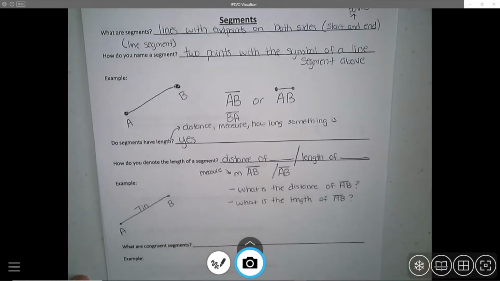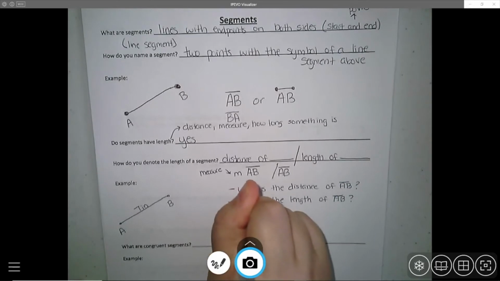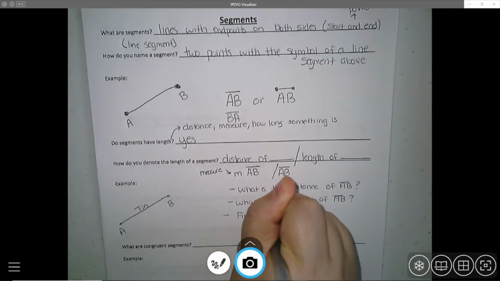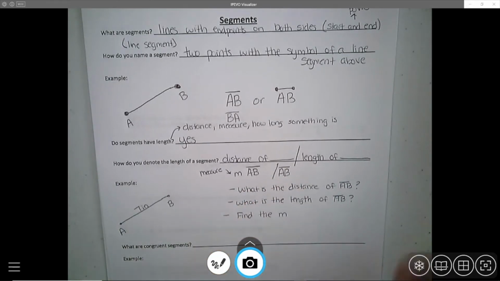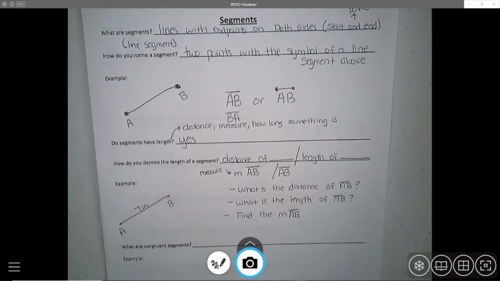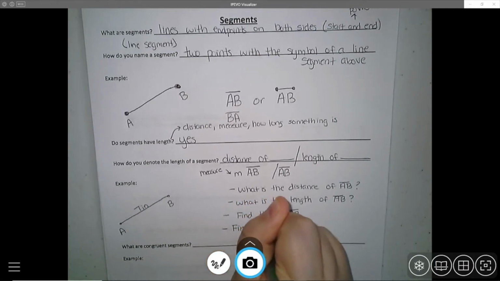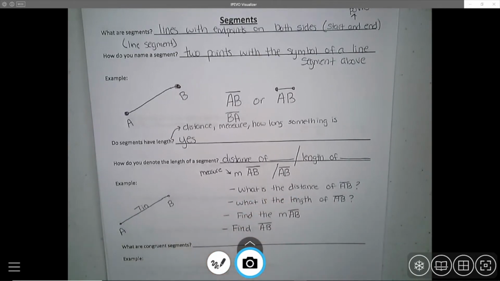Notice distance and length have the same wording. Okay, find the little m for measure of AB. And I could also have find AB by itself. All 4 of those questions get the same answer. They're all asking you for the length or how long it is. It's 7 inches. It's told in our picture.